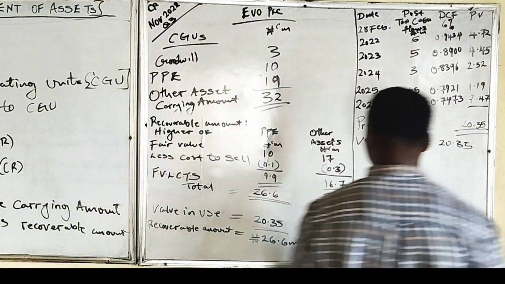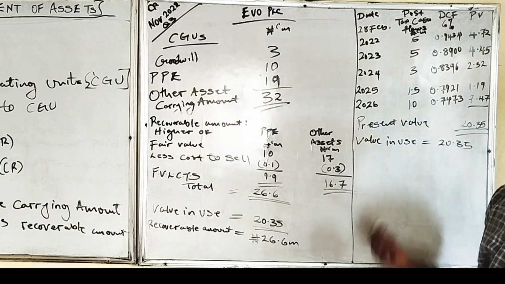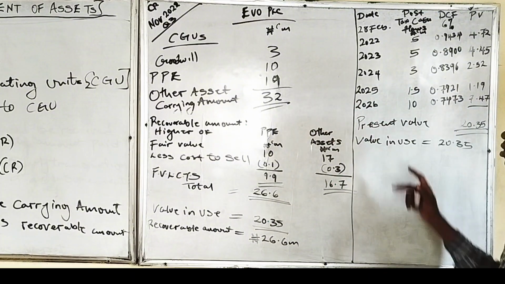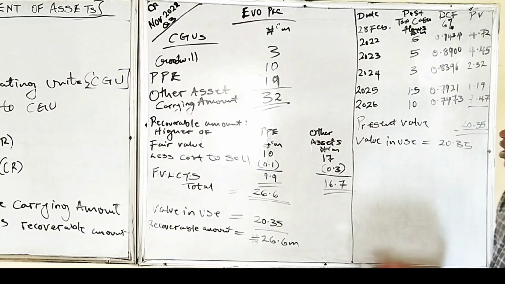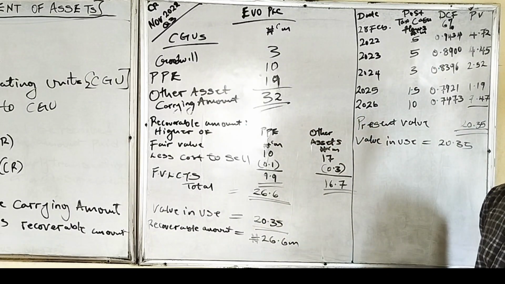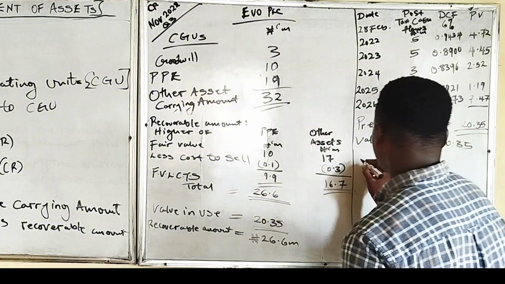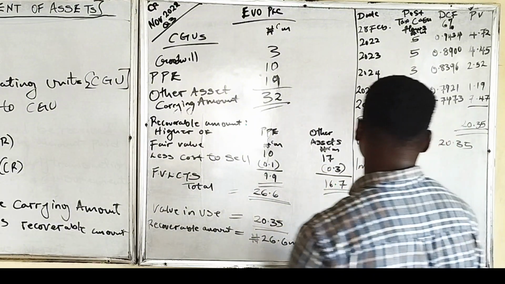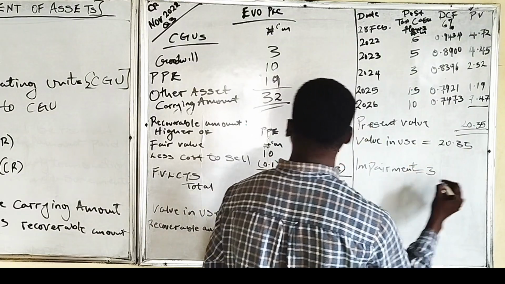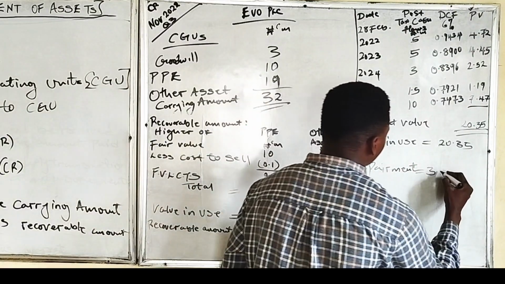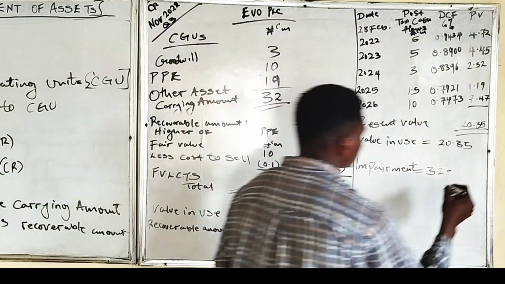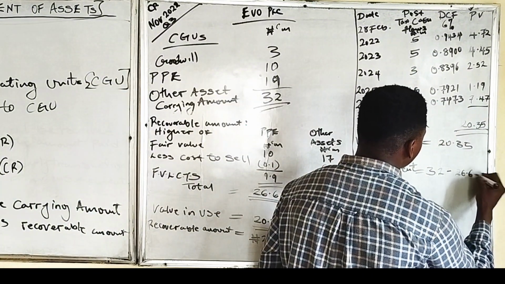Then we know now that impairment arises when the carrying amount of an asset exceeds the recoverable amount. So the carrying amount is 32. Now the recoverable amount is 26.6. So automatically there's an impairment. So impairment equals 32, which is the carrying amount, minus 26.6 million.